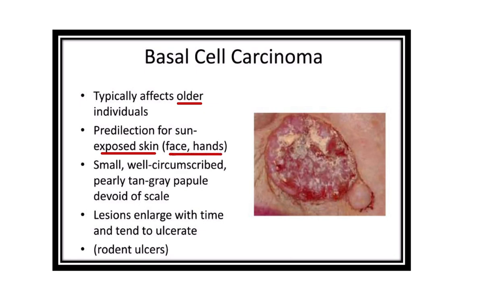It is a small, well circumscribed, pearly tan-gray papule devoid of scale. The lesion enlarges with time and tends to ulcerate, and it is also known as rodent ulcer because it goes directly downward and may erode the underlying structures such as muscle, ligament, and any other structure, even bone and teeth. So basal cell carcinoma erodes all the structures which lie deeper. Its size is usually smaller, but the penetrating capacity is greater.